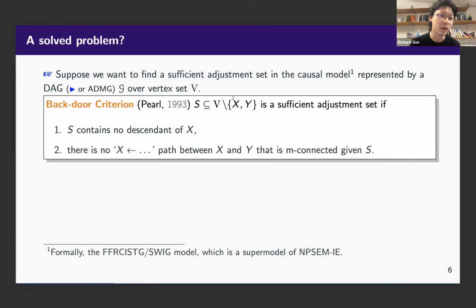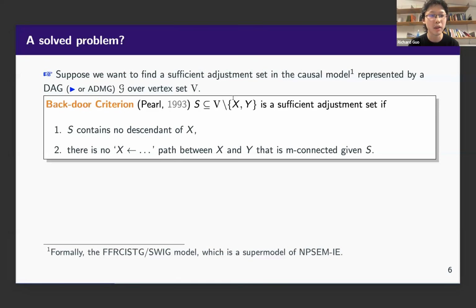The first condition is that the set contains no descendant of X, which is understandable because you don't want to block any directed pathway from X to Y. So this is the first condition. The second condition is the more pronounced one, namely, such a set should block all the backdoor paths between X and Y.